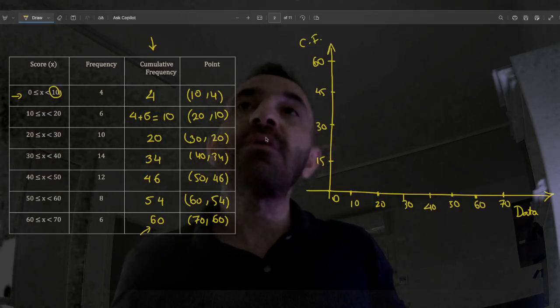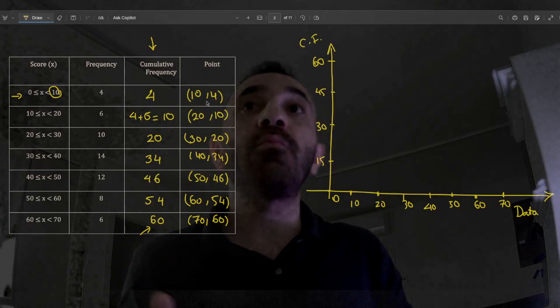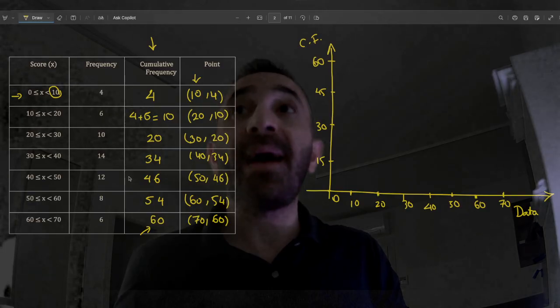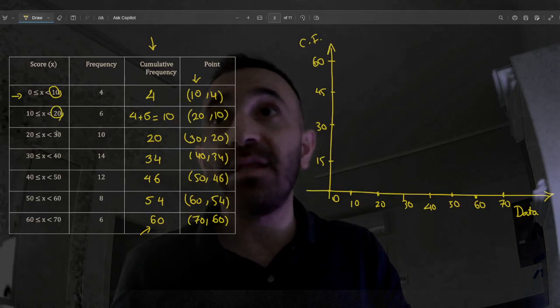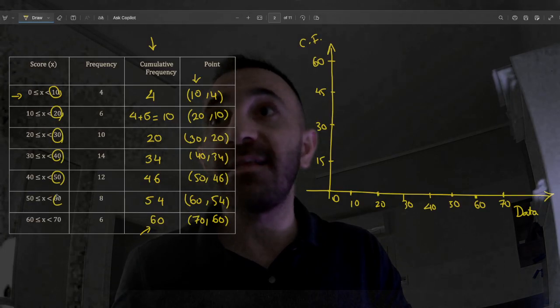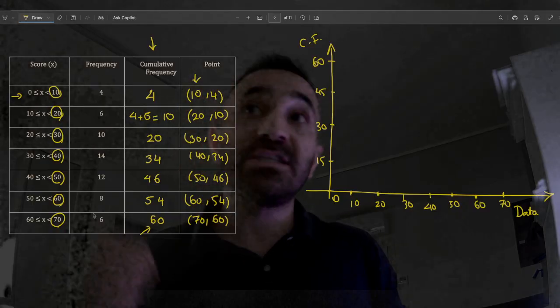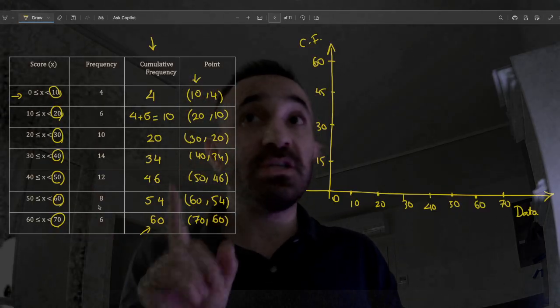Okay, let's find all of these points. I'm going to repeat one more time. The x value has to be the upper bound of each class: 10, 20, 30, 40, 50, 60, and 70. Okay, a very common mistake is that many students choose the midpoint, which is wrong.